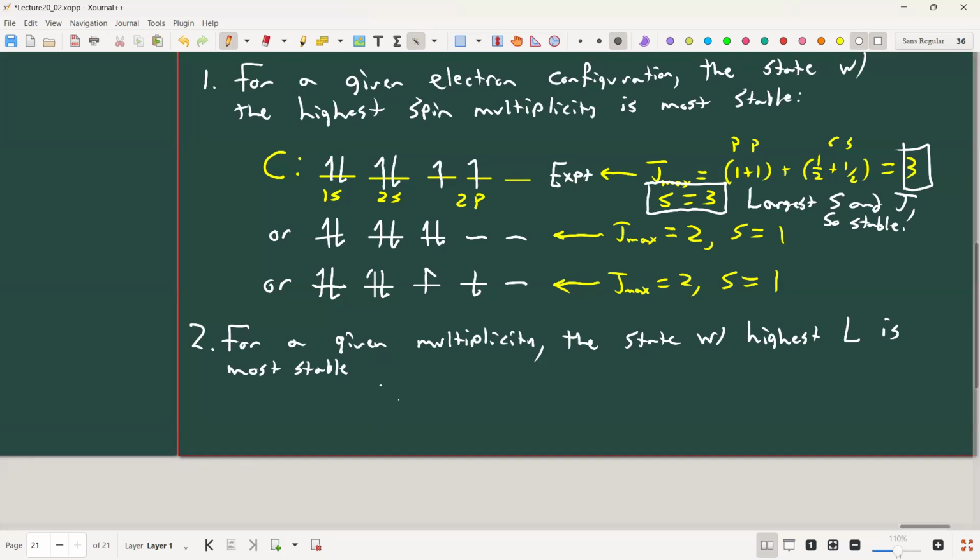So a 1D2 state is more stable than a 1S0 state, for instance. Some way you can arrange the electrons so that it has lots of angular momentum, more stable.